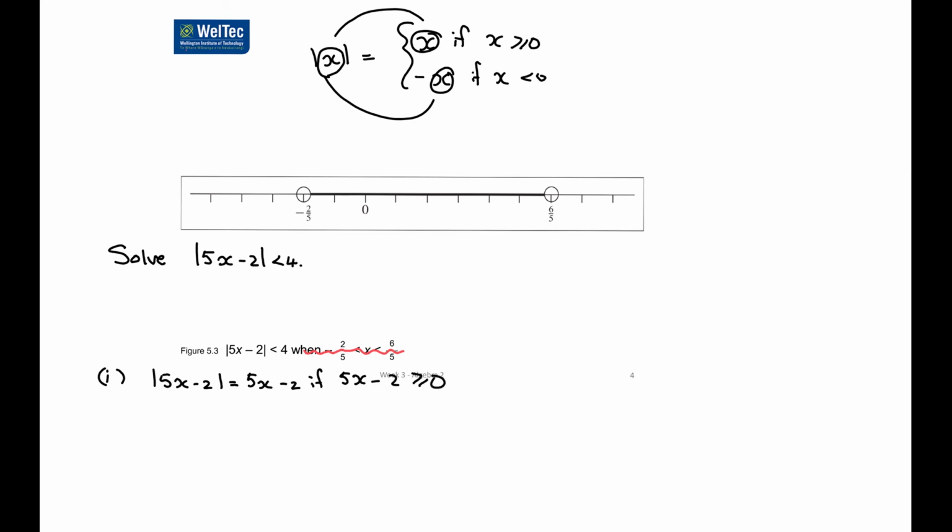And if we play around with that, putting it back into here as well, then 5x minus 2 is going to be less than 4, which tells us that x is less than 6 over 5.